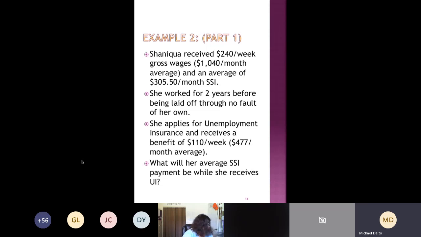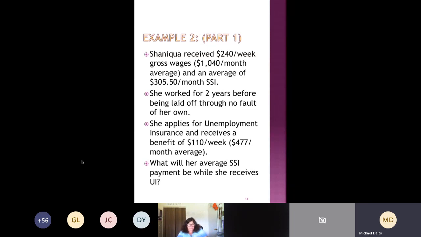$305.50 a month. As I mentioned before, when a person on SSI goes to work, their SSI is reduced, but it's not reduced dollar for dollar. It's reduced by less than half of their earnings, excuse me. Big misstatement there.